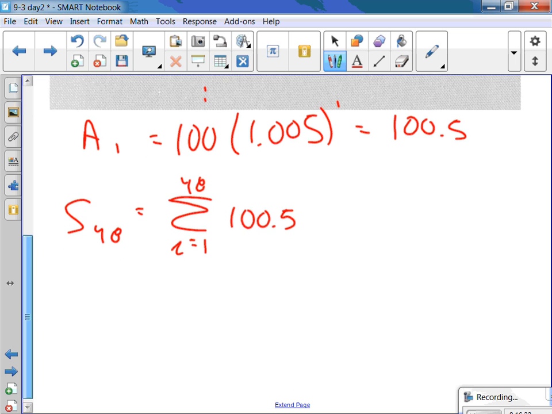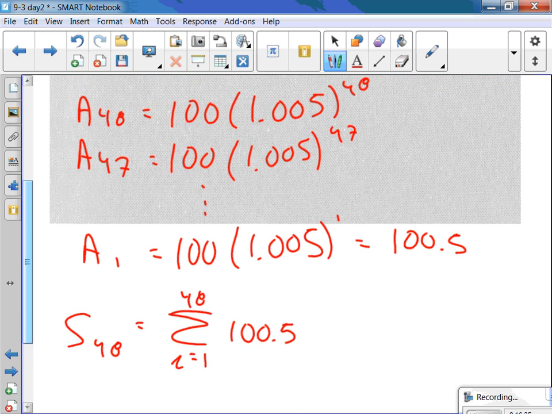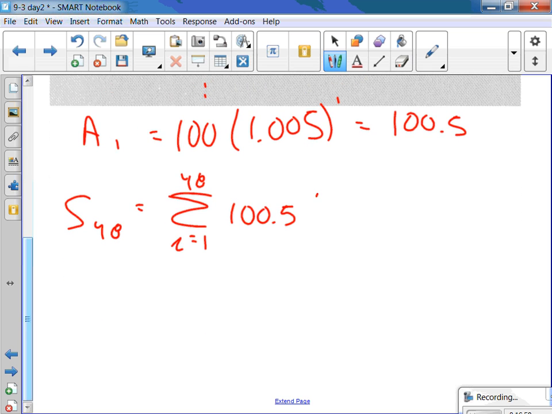It's a formula, absolutely, and because you can see at each step, when I went from A1, A2, A45, A46, A47, A48, at each step we're just multiplying by that R, so we've already said, of 1.005 to the i minus 1.